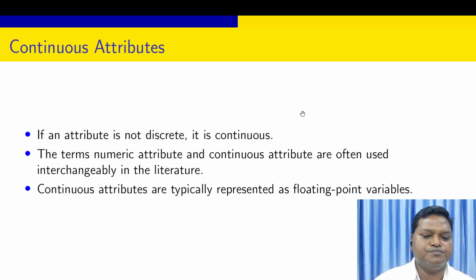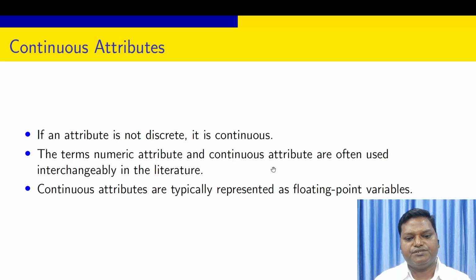With these attributes we can describe the data. For example, I have medical data of persons. What will be the attributes? BP, blood pressure. It is a numerical attribute, and it is a continuous attribute because it may have a sequence of values.